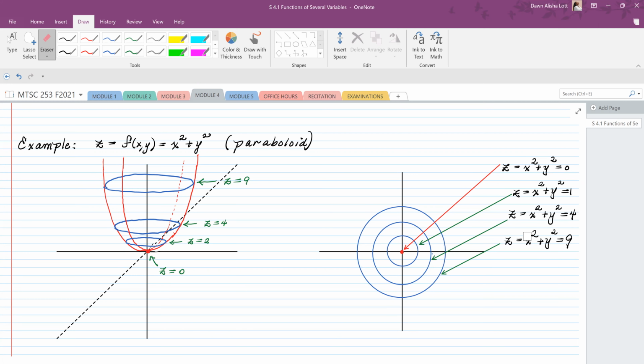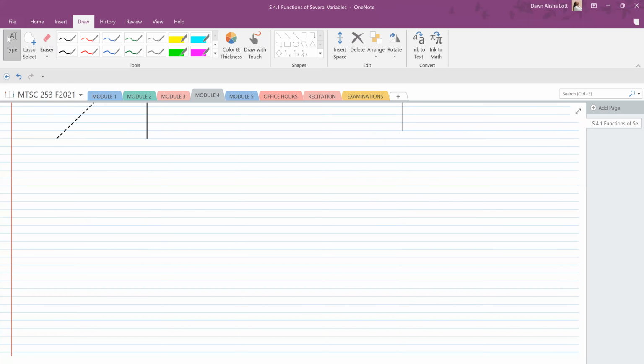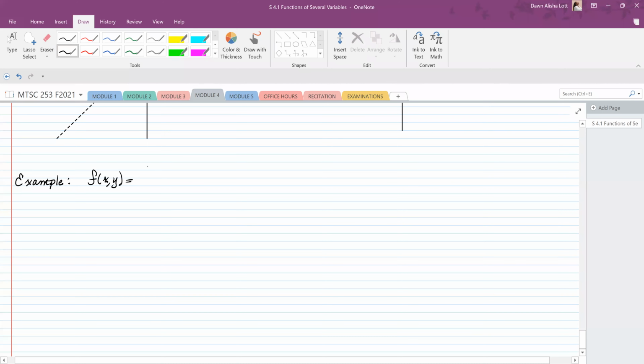Okay, here's another one. F of x, y is equal to 8 minus x squared minus 2y squared.